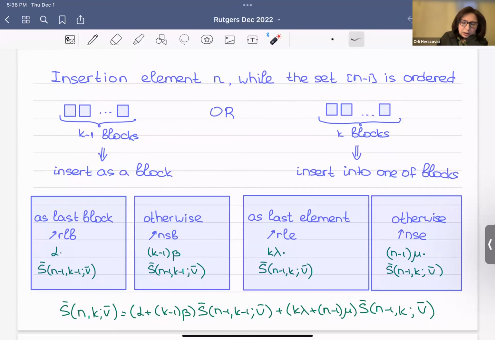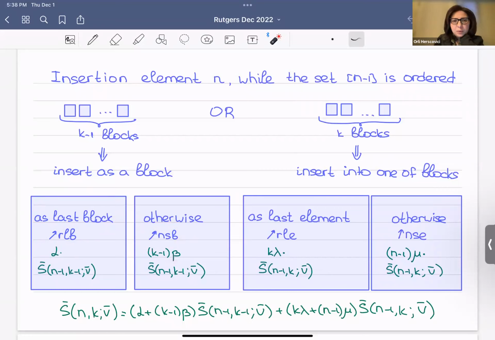If we insert it as the last block of our partition, it will increase the statistic RLB, so here is our coefficient alpha. Otherwise, we will increase the statistic NSB, and we have k-1 opportunities to do it.